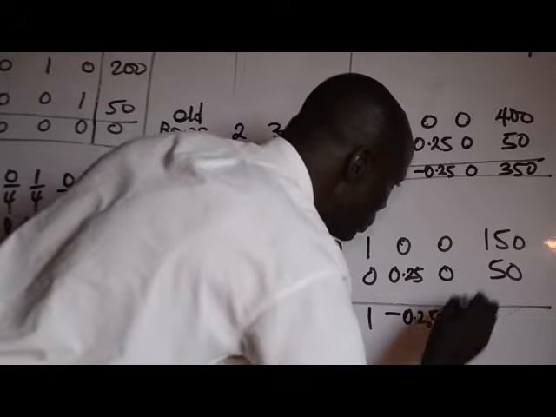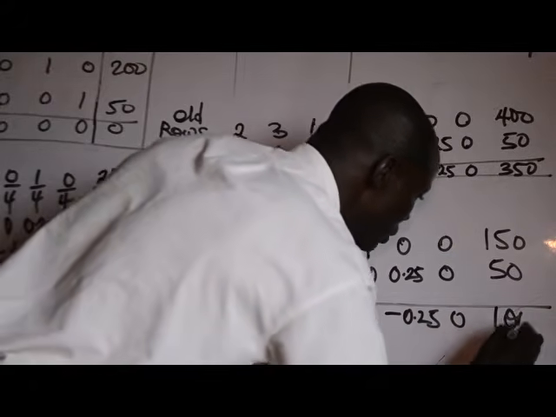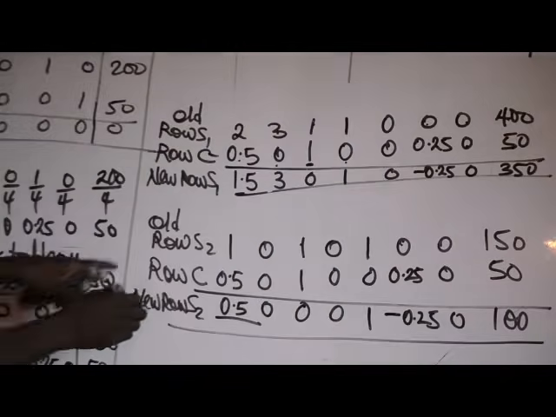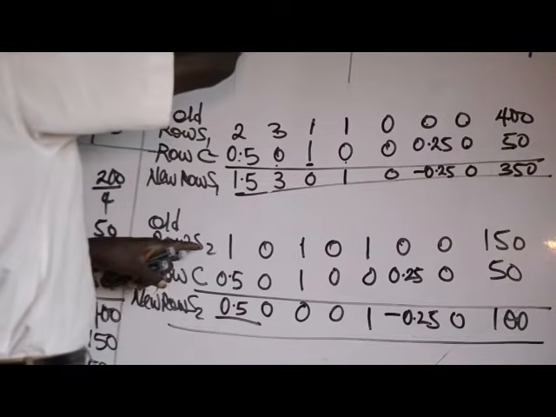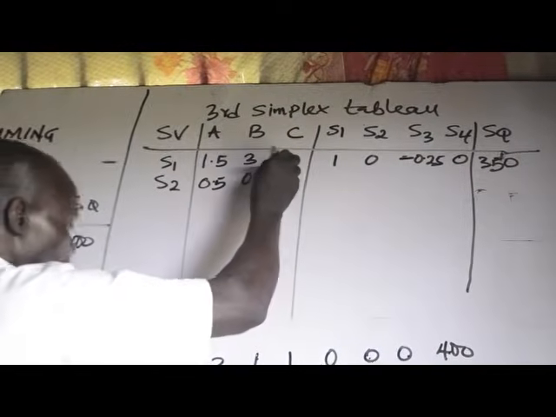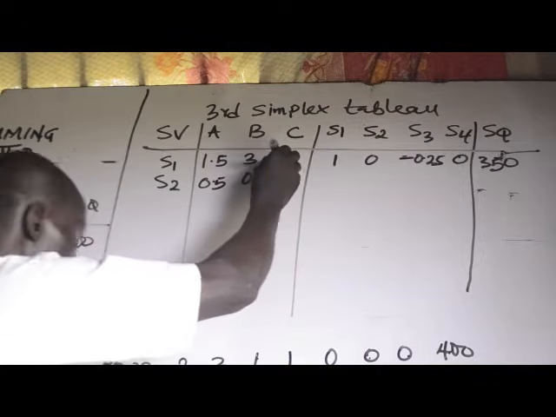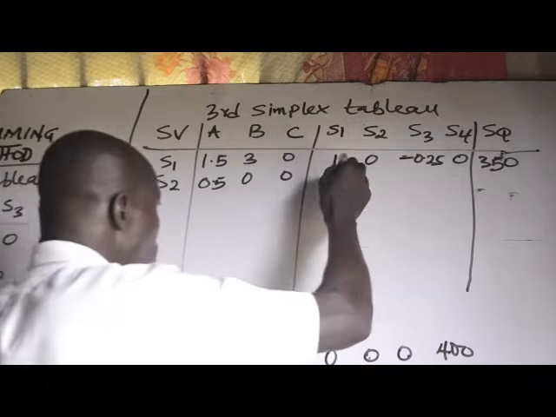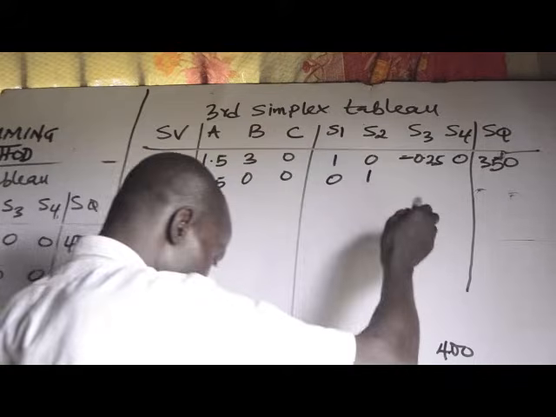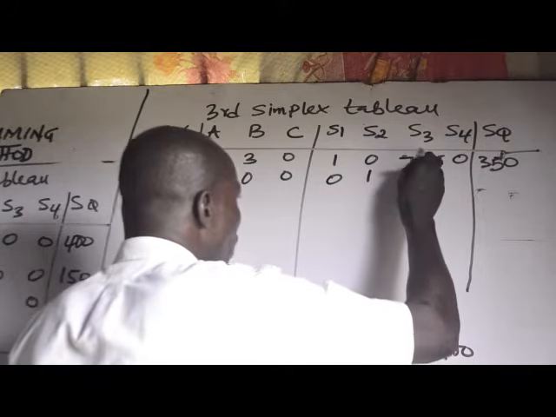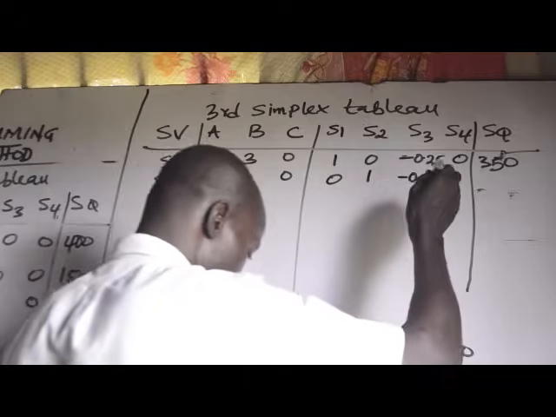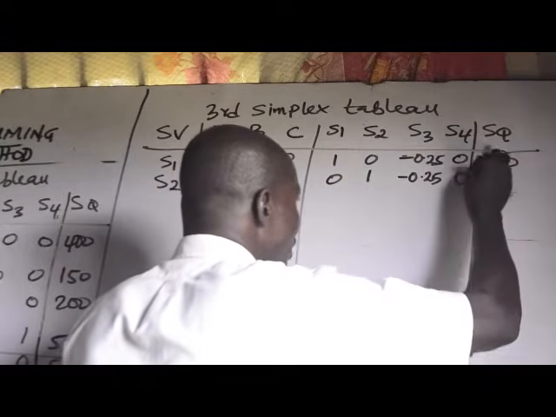Then this is 0, while this gives us 100. This is new row S2. We have 0.5, 0, 0, then 0, 1, minus 0.25, 0 and 100.